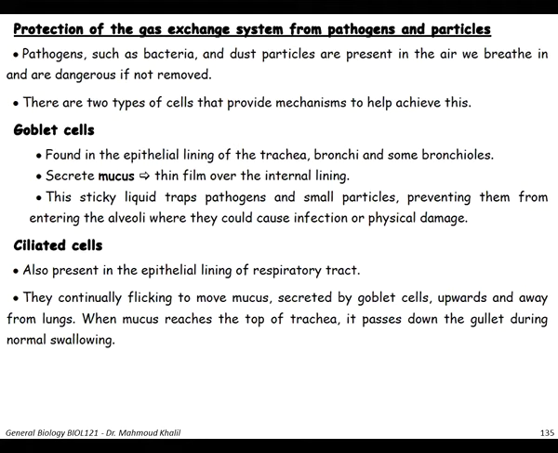This mucus, already secreted by goblet cells, traps the pathogens and dust materials, and the cilia flick and move it away from the lungs. When mucus reaches the top of the trachea, it passes down the gullet during normal swallowing.